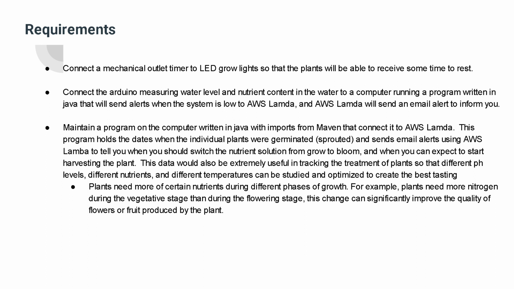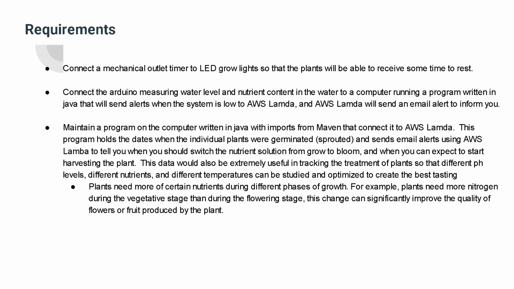So also, connect a mechanical outlet timer to the light so the plants will be able to receive some time to rest. Connect the Arduino measuring water level and nutrient content in the water to a computer running a program. Like I said, that will send alerts with an email to you.